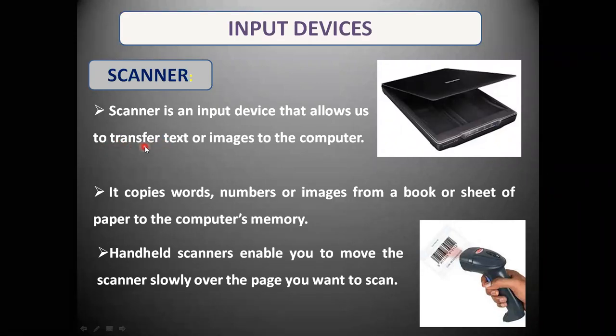Transfer means it is picking up those exact words and putting them in the computer's memory. It is not typing text. If you are typing a text, then you are using a keyboard. The keyboard is used to type text or give instructions in typed form. Now if we are giving input in the form of images, then for that we will be using scanners.